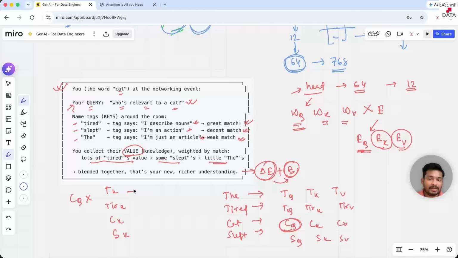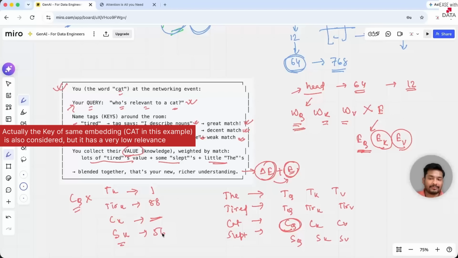Based on this multiplication, a score is created for each of them representing their relevance. For example, multiplying with the key of the, we get a relevance score of say 1. Tired, since it is very relevant, will get a higher score, for example 88. For cat, since it is the same key, we are not going to consider this one. But for slept, we get say 56.